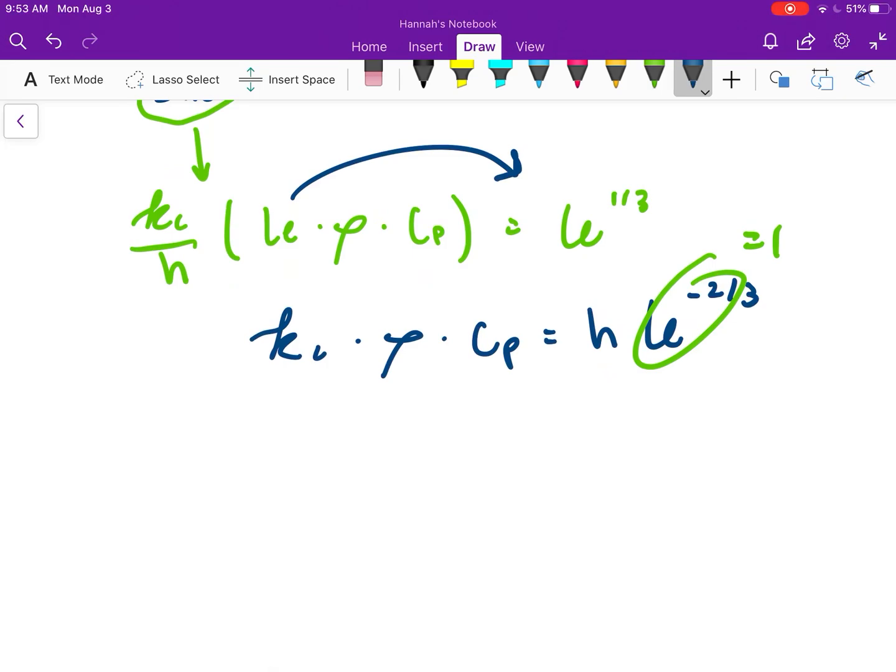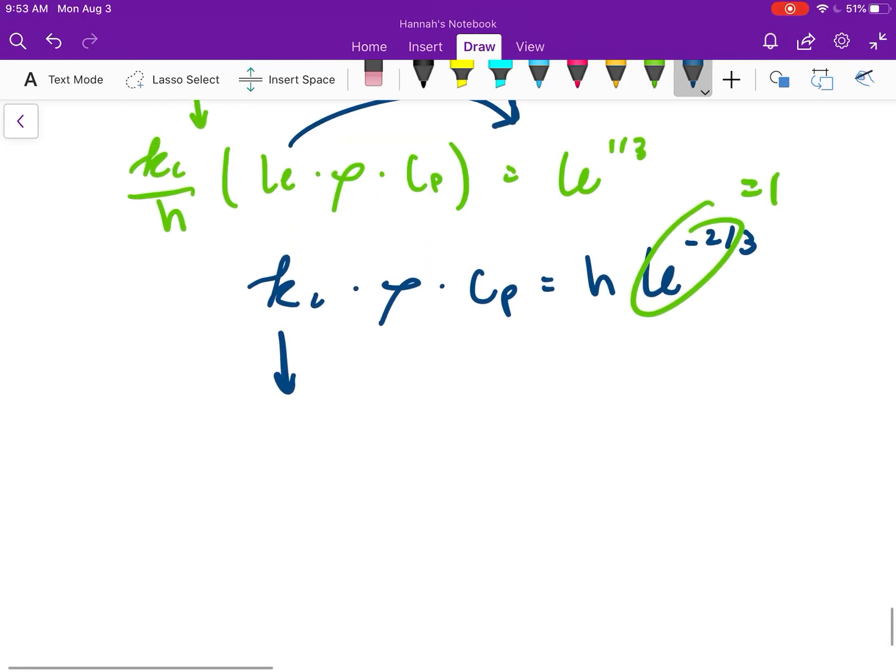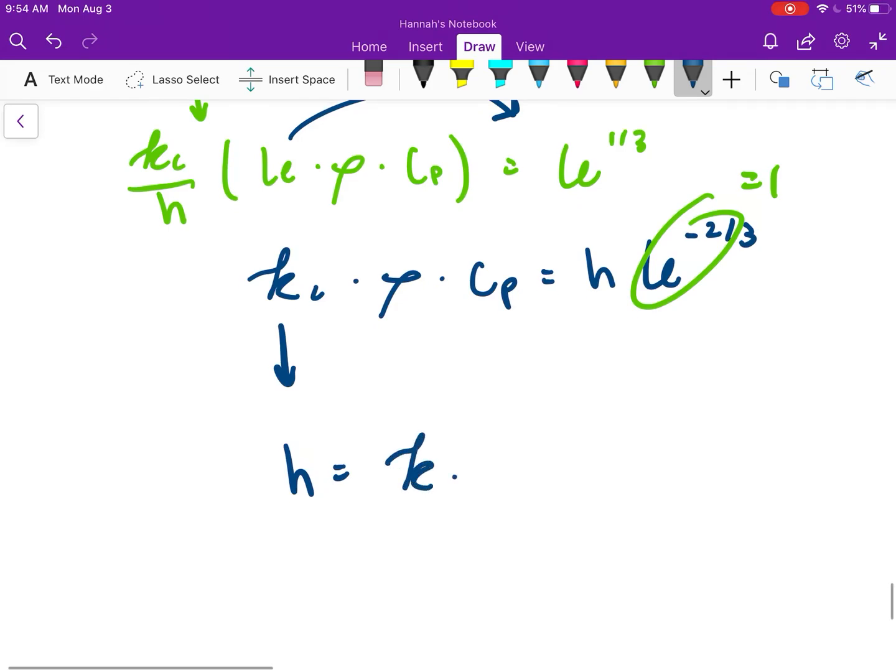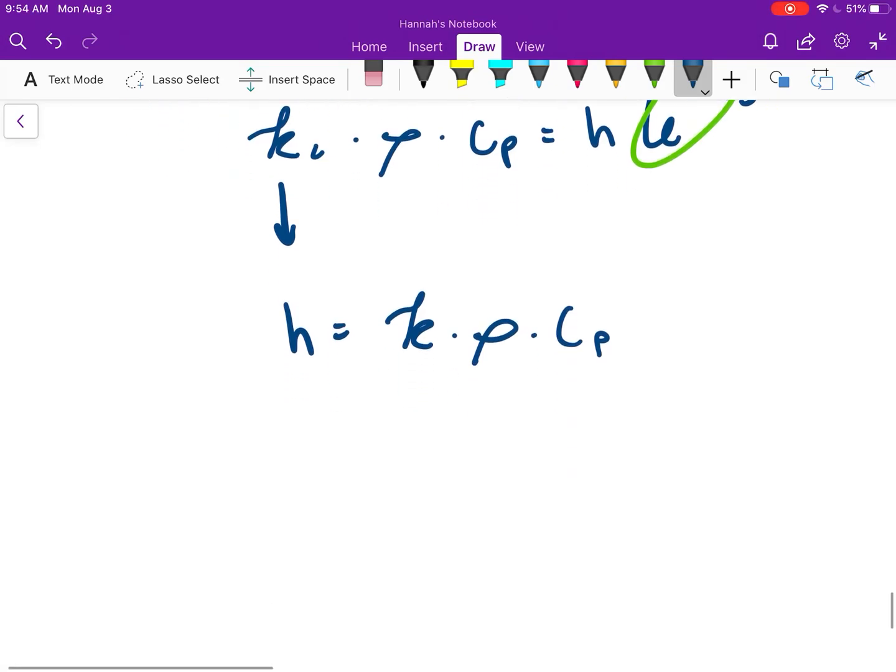So basically, this breaks down even more, and we just have the heat transfer coefficient being equal to the mass transfer coefficient times the density times the heat capacity. And this can be plugged into our equations earlier as a rearranged version, which is the mass transfer coefficient being equal to the heat transfer coefficient over density times heat capacity.